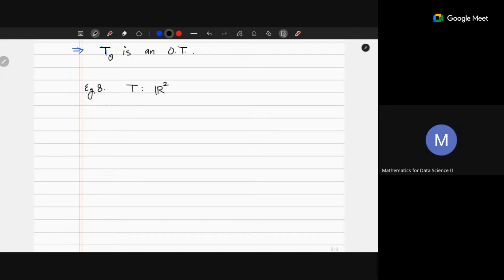Defined by R2 to R3, it is given by T of xy is equal to minus x, minus xy, 0. All right. Now, can anyone check that it is an orthogonal transformation?